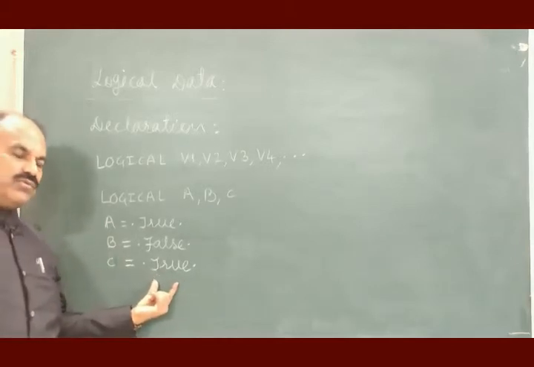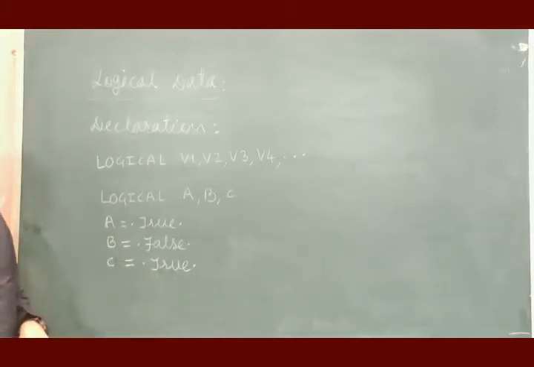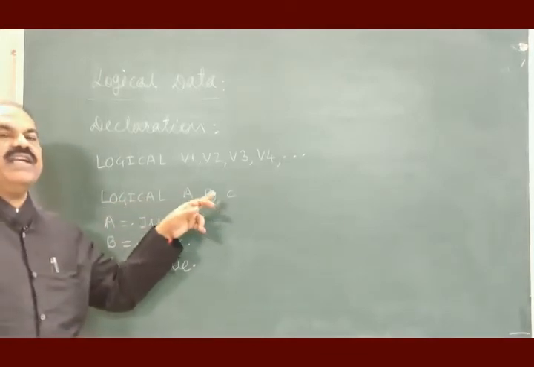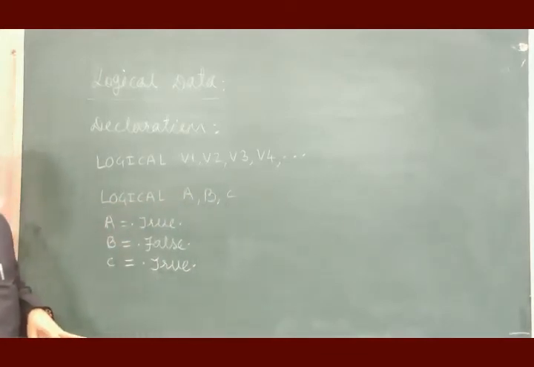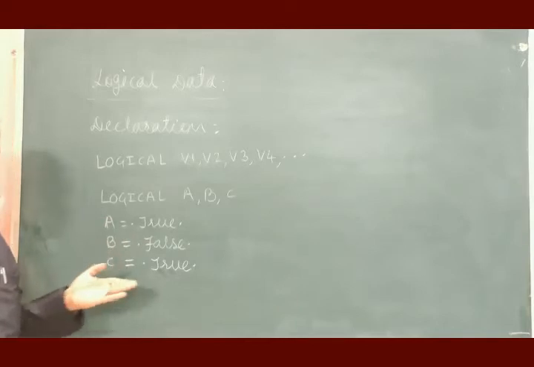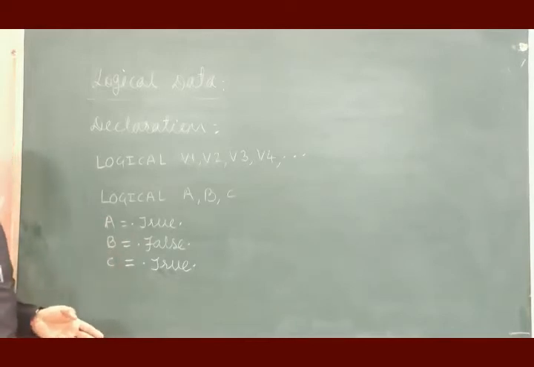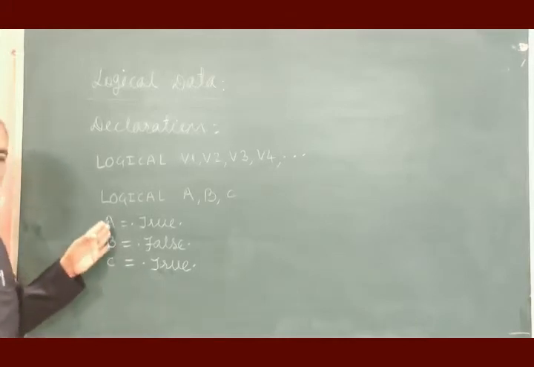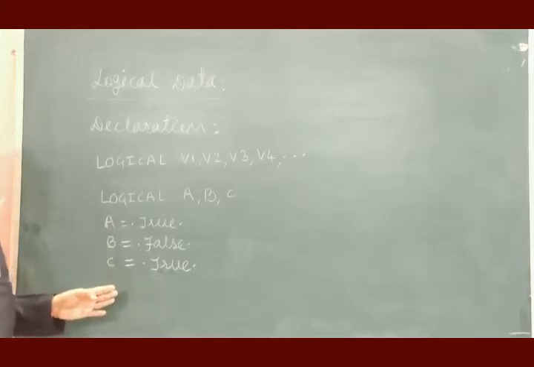Logical value true is assigned to c. This way, we can declare any logical variable, and using such statements, we can assign logical constants, logical data to the logical variables.